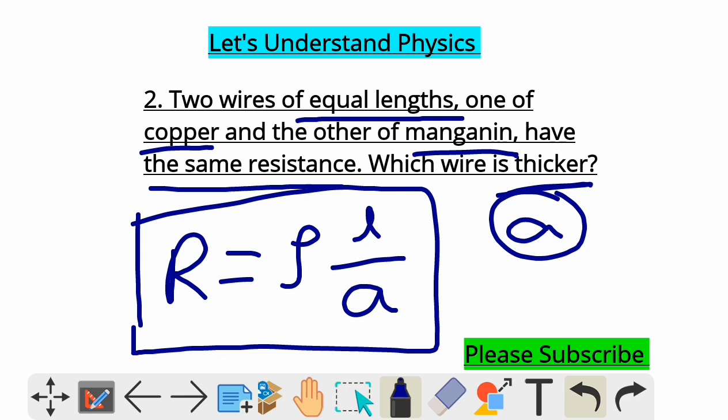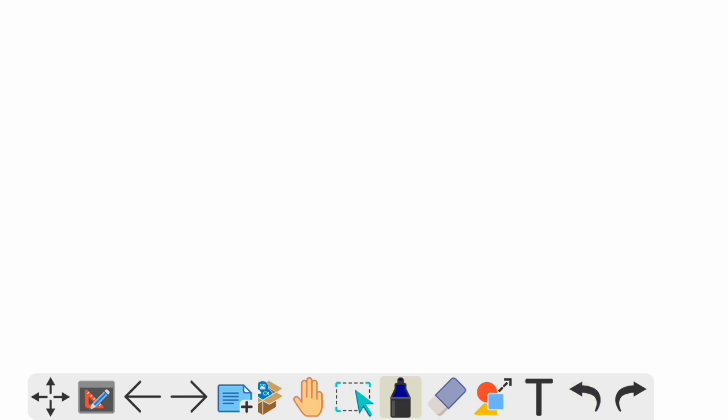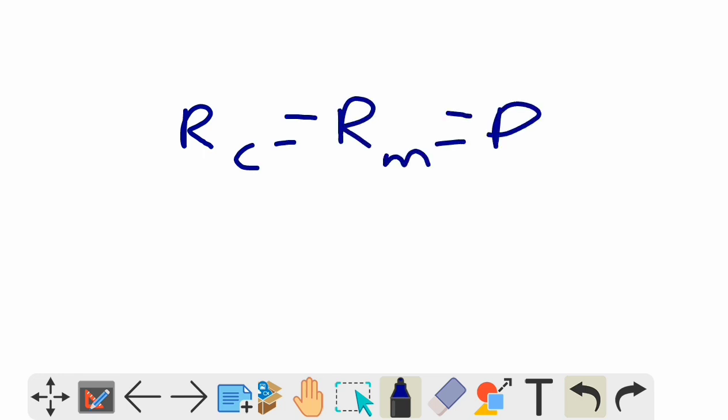Now, you know copper and manganin are the two wires they have given. Copper is a metal and manganin is an alloy. So simply by seeing it you can say, but we'll just substitute and find out. Now, I'm taking RC is equal to RM equal to R because they have given.